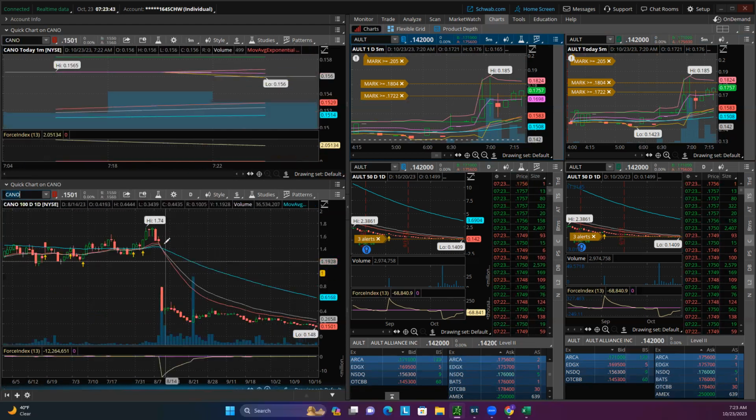Yeah, this is bad sushi right here. This massive gap down on the daily chart, that's bad sushi. So what does that indicate?